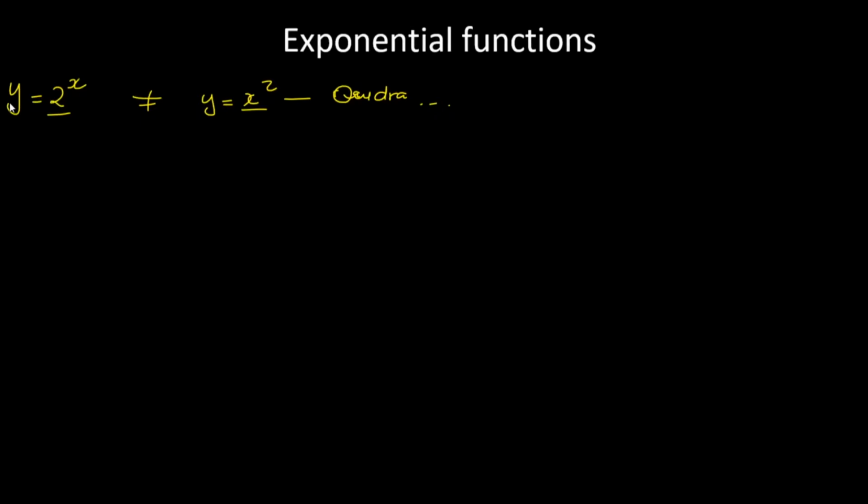We will try to draw that, and from there we will have rules of an exponential function. Because an exponential function is always given with some rules on the side, and we will get to see why that is the case.